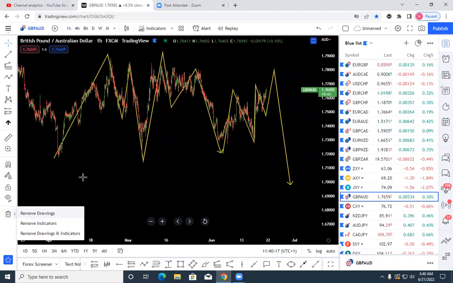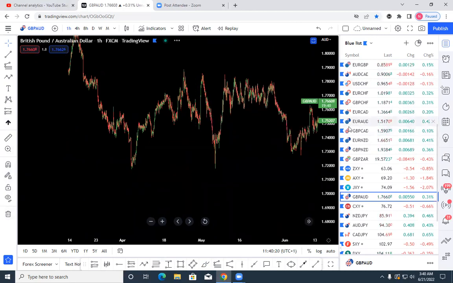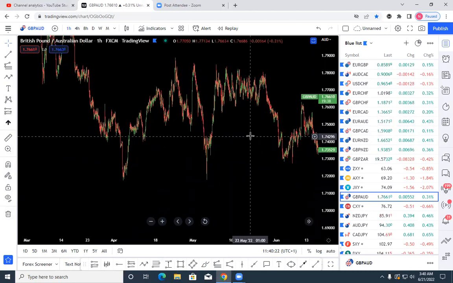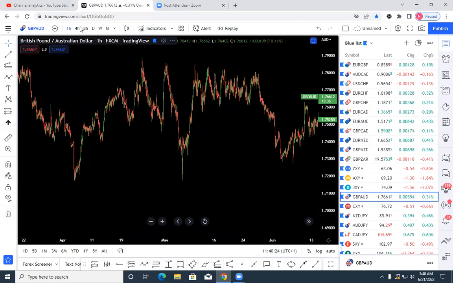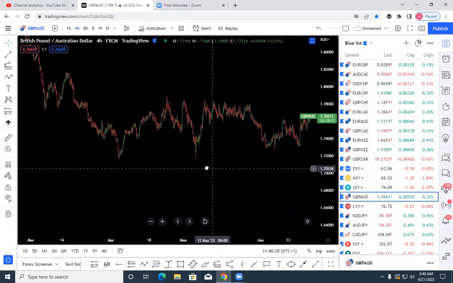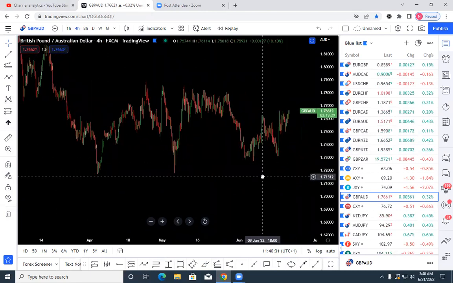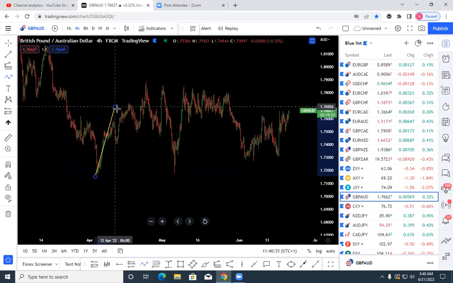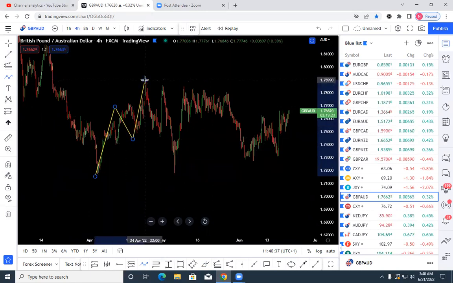Let's do it again. We have to follow all the guidelines, guys. Let's go to 4 hours and follow all the guidelines. So here you have 1, 2, and 3.